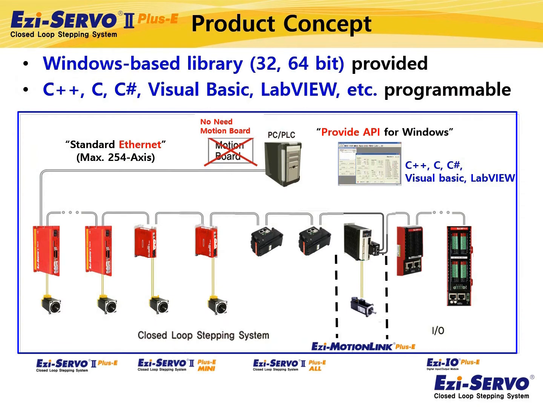In summary, the above is as follows. Since Fastech Ethernet communication products basically provide Windows-based libraries, customers can select and program C++, C, C#, Visual Basic, LabVIEW, etc. by using them. In addition to the library, GUI software is provided and can be downloaded for free from the Fastech homepage.